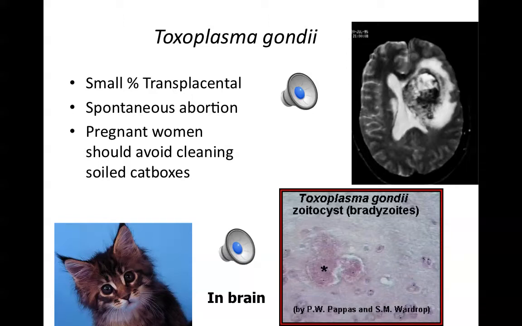child, or a fetus. We can see in the top right photo of the radiograph or X-ray image of the brain of the affected person that there's a mass that's very abnormal in the right hemisphere of the brain.